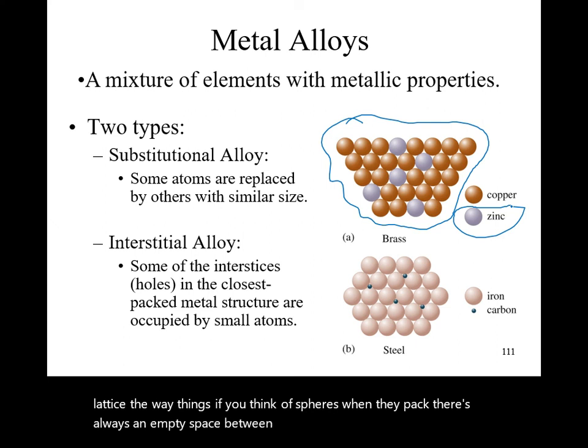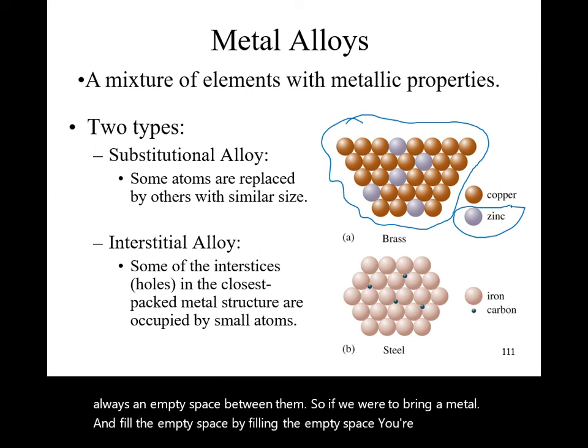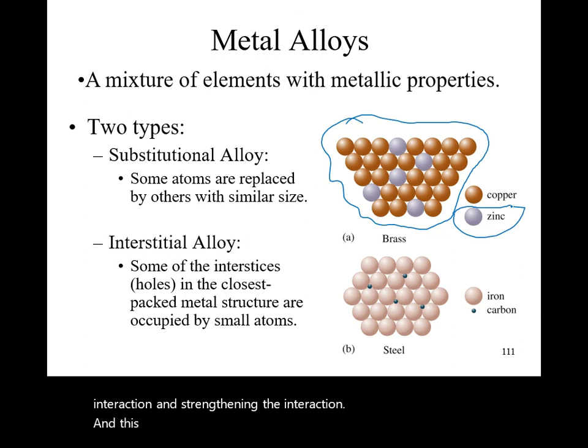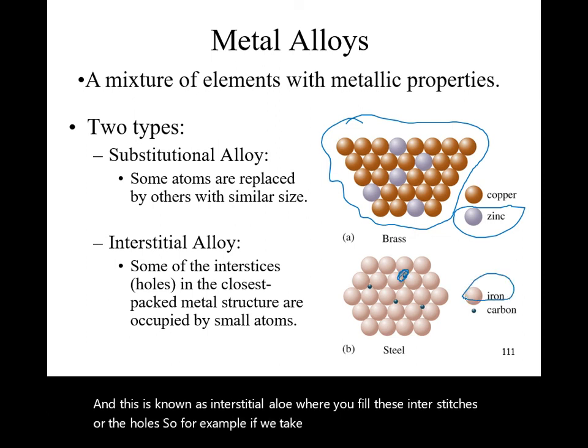So if we were to bring a metal and fill the empty space, by filling the empty space, you're maximizing interaction and strengthening the interaction. And this is known as interstitial alloy, where you fill these interstices or the holes. So for example, if we take iron and add some carbon to it, we can make steel. That's an alloy.